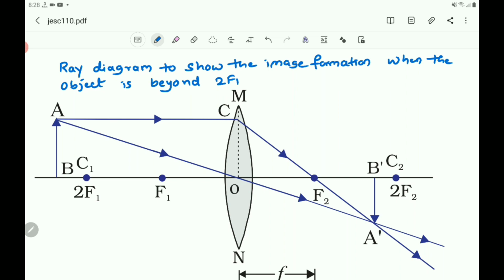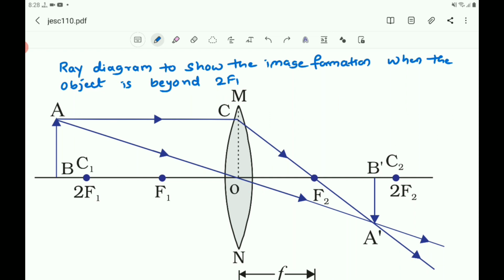Here the image forms between f2 and 2f2, that is between the principal focus and center of curvature. And what is the size of the image? It is smaller than the object, that is a diminished image, and it is real and inverted.